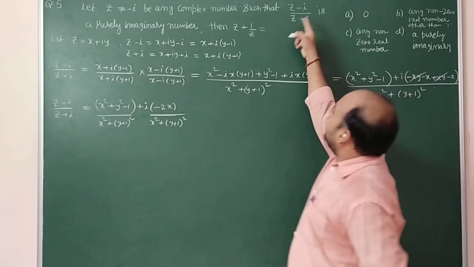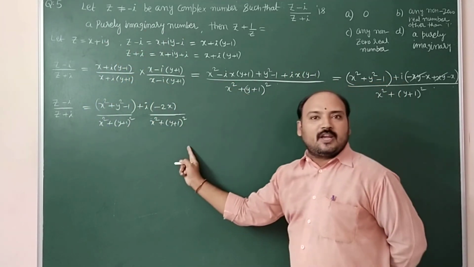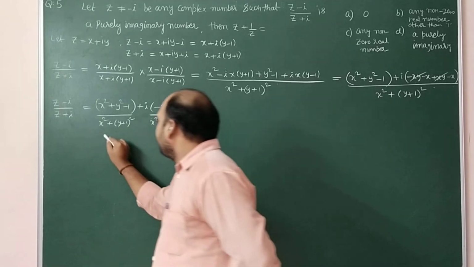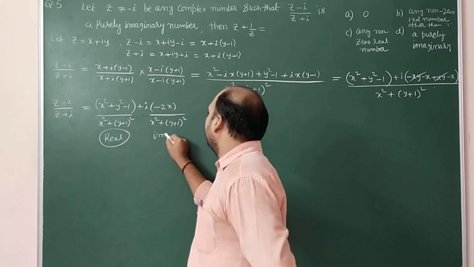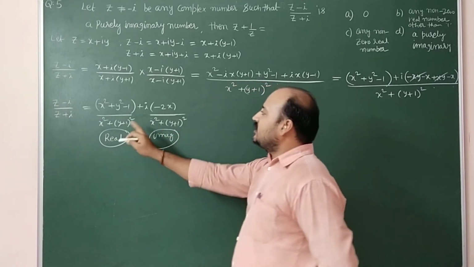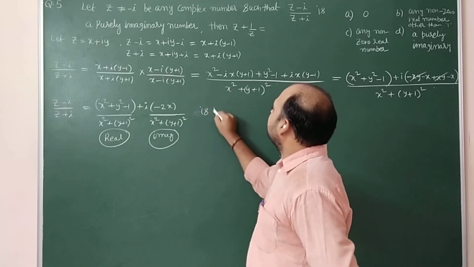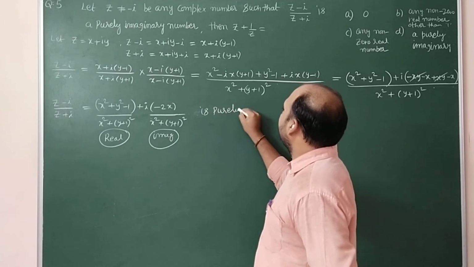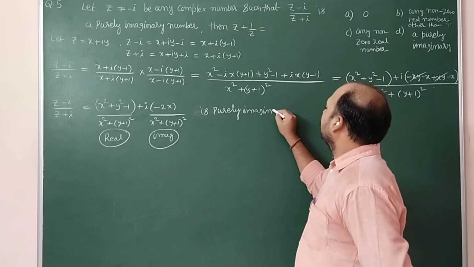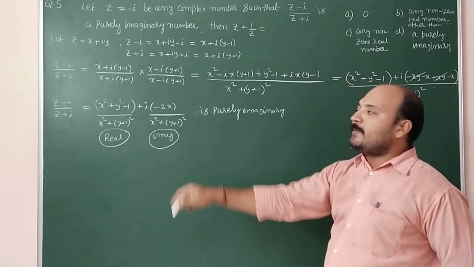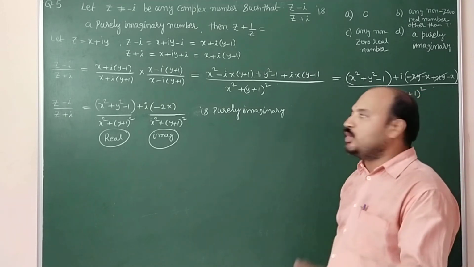Now this z minus i by z plus i is purely imaginary. Purely imaginary means the real part goes to be 0. This is the real part, this is the imaginary part. Whenever z minus i by z plus i is purely imaginary, the real part goes to be 0.